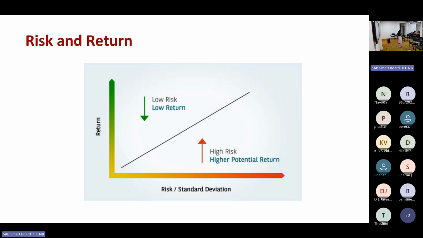I will give an example. Do you remember the Sakwiti scheme? It was more than 10 or 12 years back.